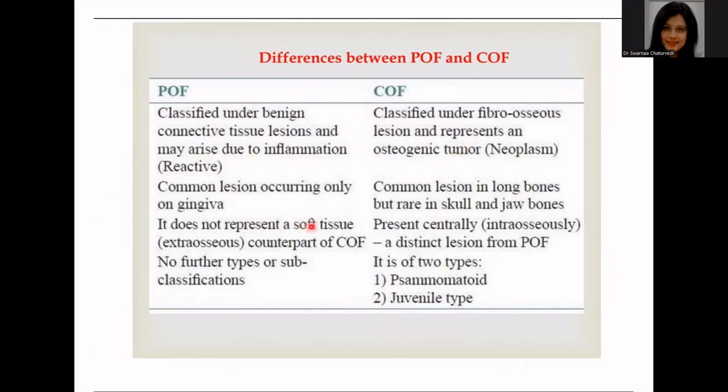The most common place of occurrence of POF is the gingiva, while CEF occurs in long bones but is rare in the skull and jaw bones. Never confuse that POF is not the soft tissue counterpart of COF. They are distinct entities, right? And POF are not further classified, while COF are further classified as psammomatoid and juvenile types.